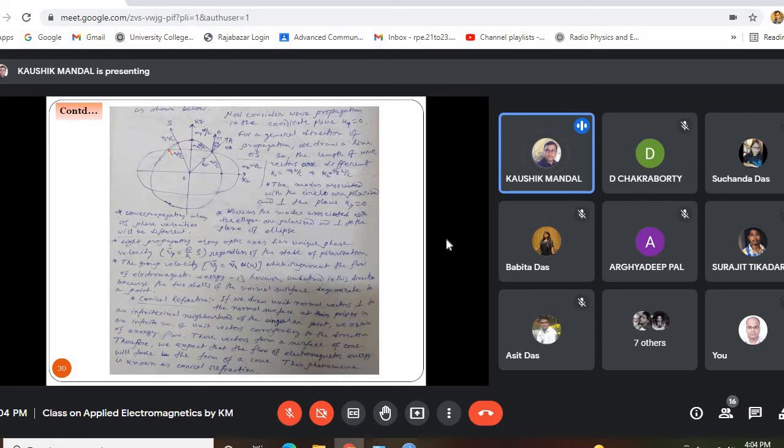You can draw it. This is the another optical axis. And this is the other optical axis that is already drawn, but only the half portion. So these are the two optical axes.